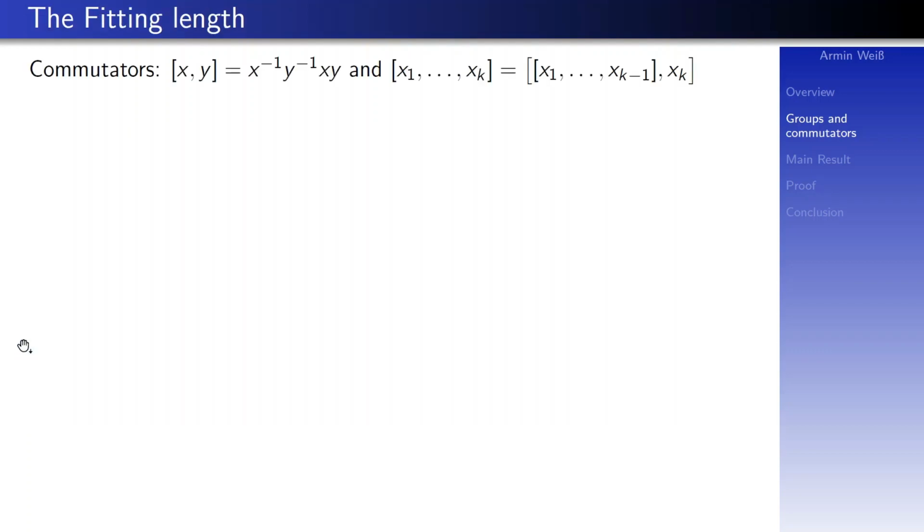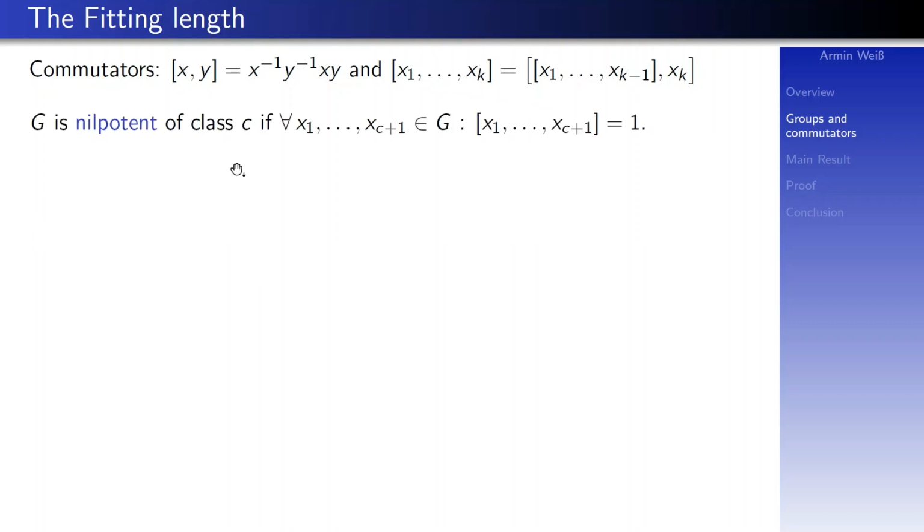Okay, now the commutators. As already written down, that's a commutator, and the iterated commutator is defined like this. And now a group is nilpotent of class c if and only if all iterated commutators of length c plus 1 are 1. That's a theorem, but for us it serves as a definition.